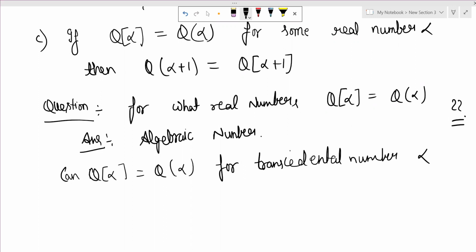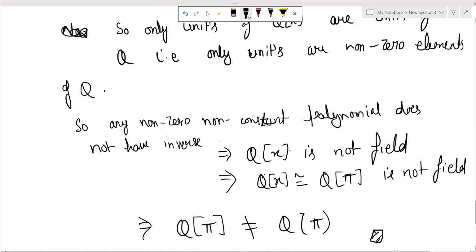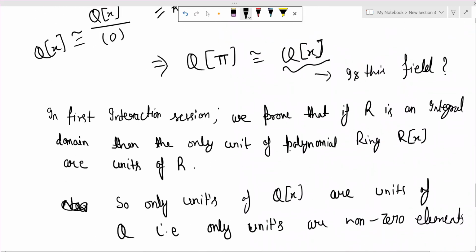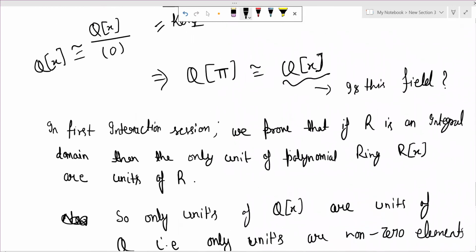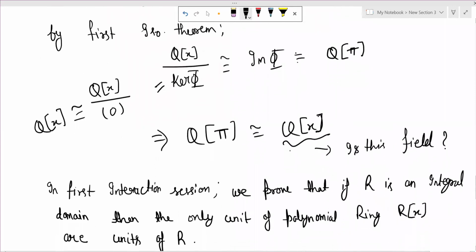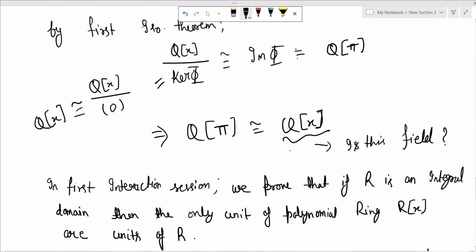I gave you one example of a transcendental number: if alpha is equal to pi, then I proved that Q[alpha] cannot be the same as Q(alpha). Can you mimic the same proof for any transcendental number? What is specific about pi that I used here? Did I use any specific property of pi? I just used that it is a transcendental number, so the kernel is 0. So it is true for every transcendental number.